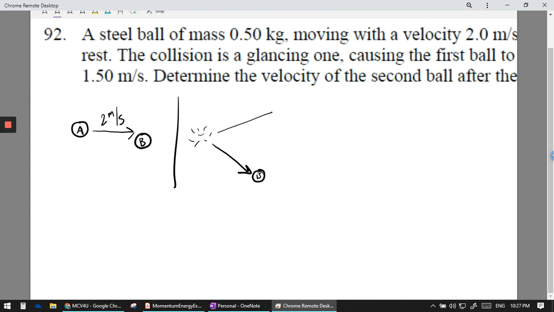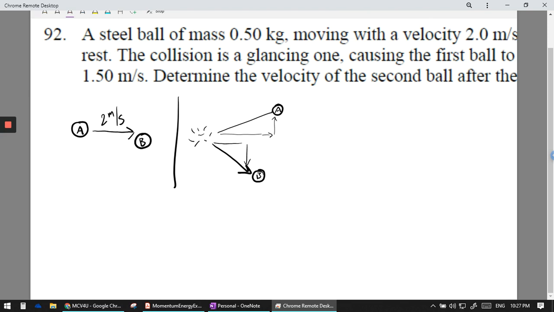Ball A maybe flies up that way. Okay. Point is, we're not real sure what's going on here. But we do know that these guys have components, each of these velocities, okay? And so what we're going to do is break those velocities up into their particular components, and then we're going to essentially try and conserve the momentum in this question, right?